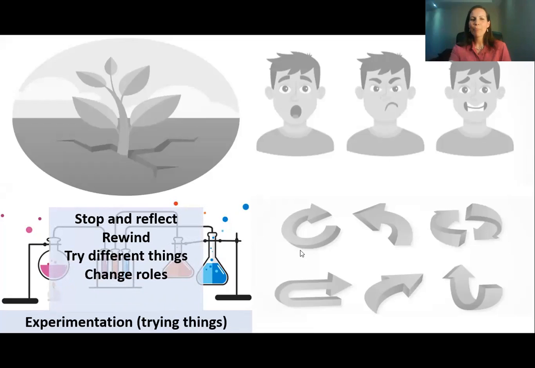are happening. So actually pausing, maybe even mid-scenario, a simulation, and saying, oh, let's just stop. Can we pause there? Can you reflect on what's going on? Can we rewind and try again? Can we try something new? What could you do? And asking the student, what could you do now?